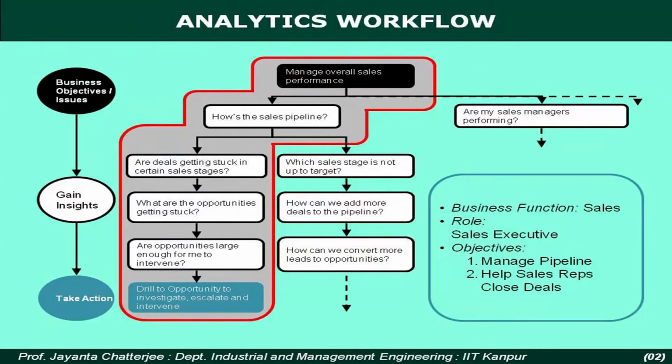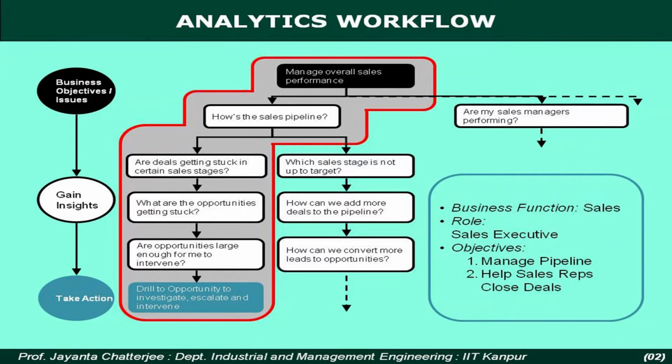So the sales analytics workflow looks something like this, which you have on your screen. Sometimes we call it a dashboard, so this is actually an input to dashboard creation. What we are trying to see at a top management level, starting from, are my sales managers performing?